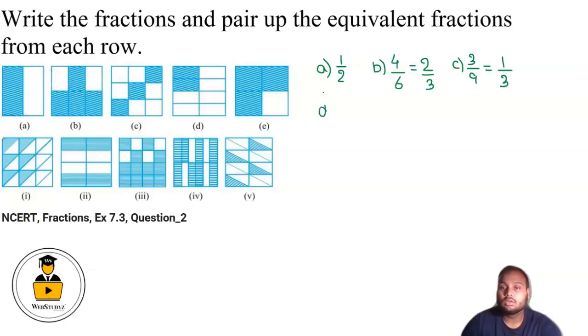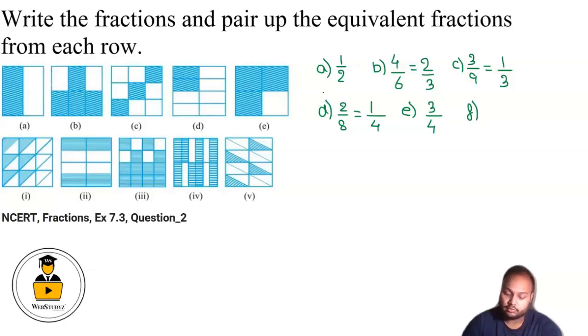Now for the D part, we have 8 segments, out of which only 2 are shaded, so 2 upon 8, which will be equal to 1 upon 4. For the E part, we have 4 segments, out of which 3 are shaded, so 3 by 4, which is in the simplest form.